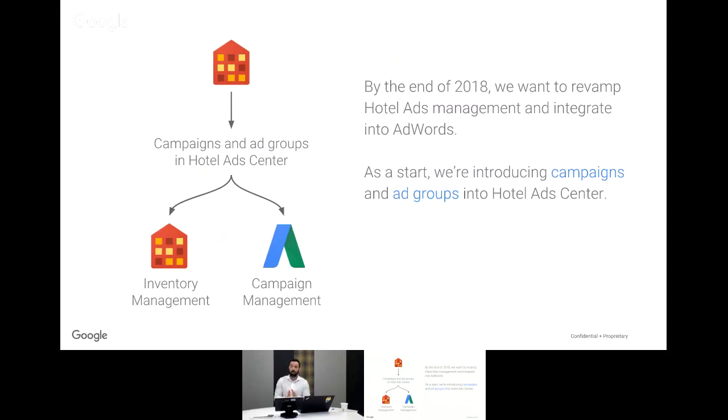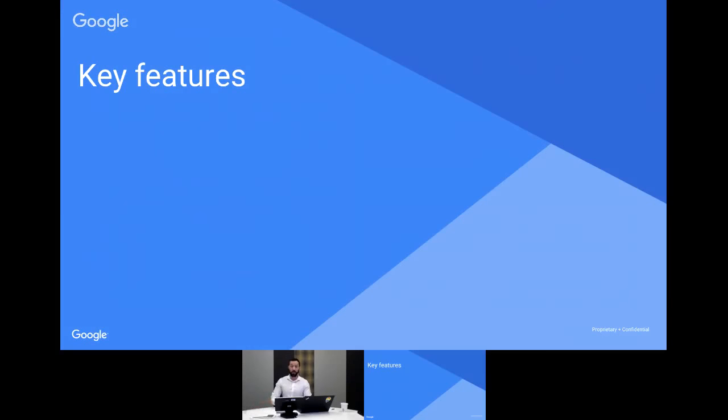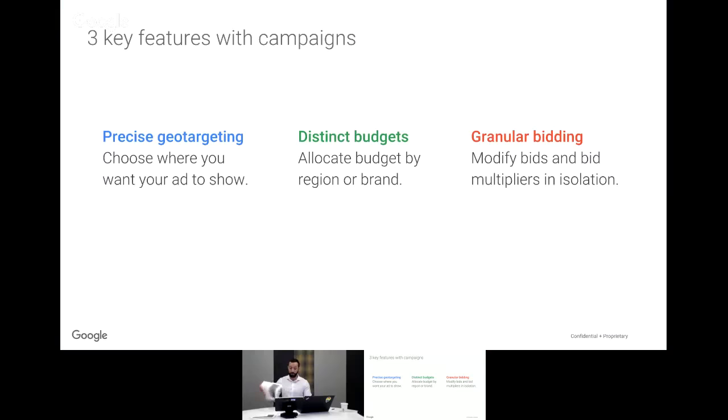Know that campaigns is basically the stepping stones towards migrating into AdWords because we're really introducing an account structure that mirrors the AdWords structure. Now we gave you a little bit of an overview why we're making these changes. So we'll walk you through some of those key features that we have with campaigns.